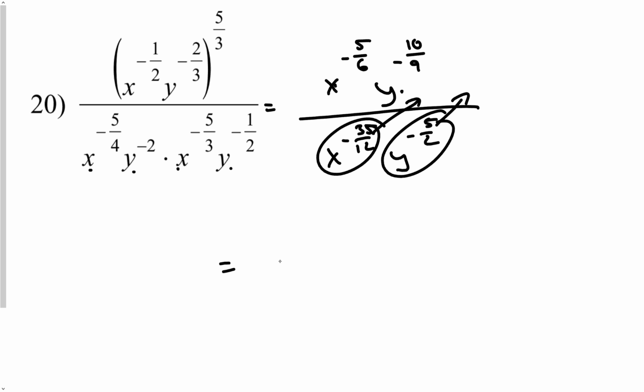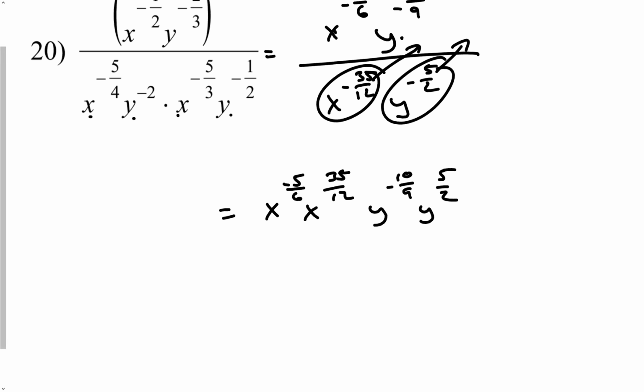So really what I'm doing is x to the negative 5 over 6, x to the positive 35 over 12, y to the negative 10 over 9, y to the positive 5 over 2, right? I moved those two things to the top of a fraction to make the exponents positive.